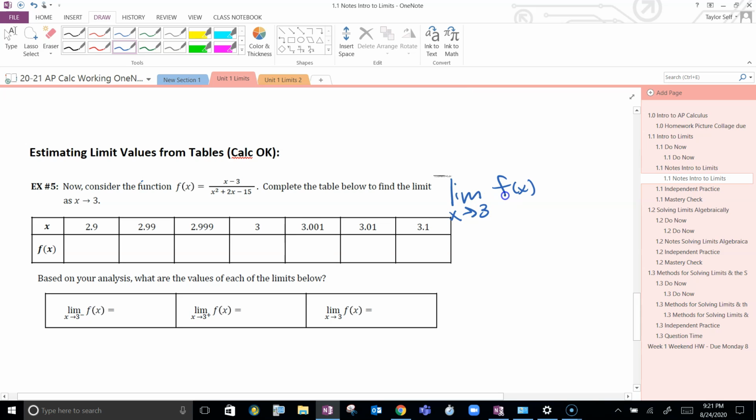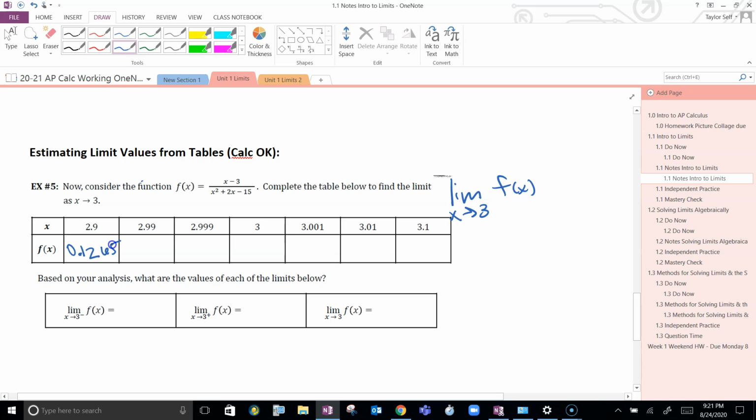Okay, so the first step, fill out your table. We have these x values given to us, so we're going to pretend that we plugged them into our calculator, but we don't have time for that right now. I will give you the real values. So if we plug in 2.9 for x, we get 0.1265.